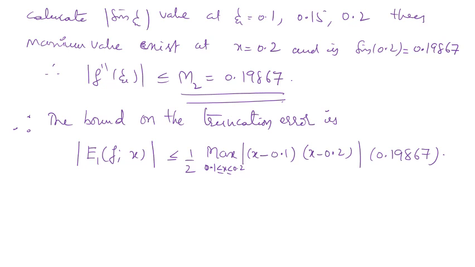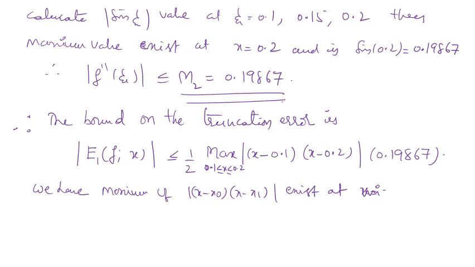And in theory we know the maximum of mod x minus x naught into x minus x1 exists at the midpoint, already discussed, at x equal to x naught plus x1 by 2.